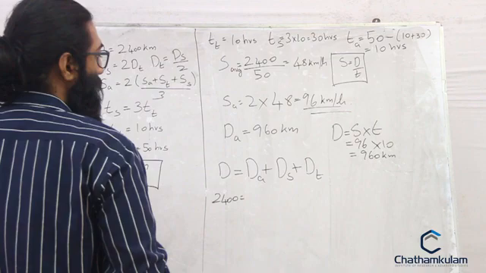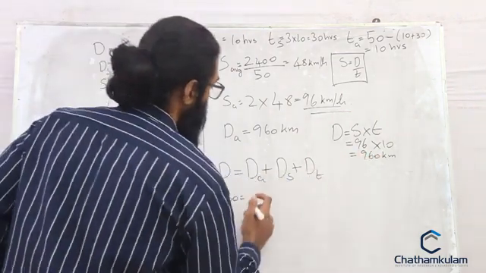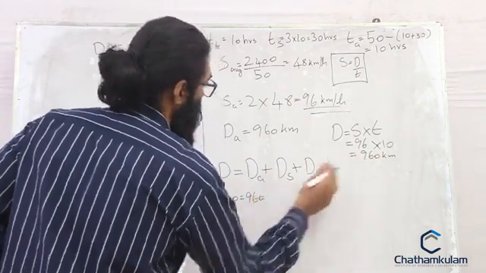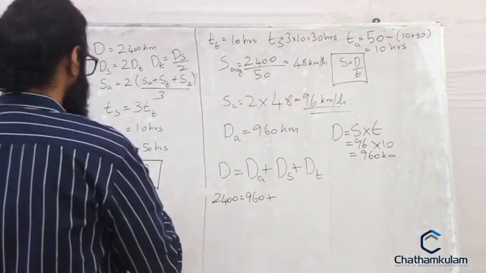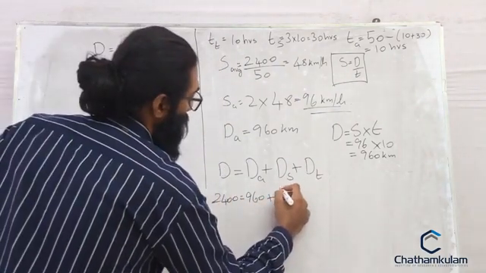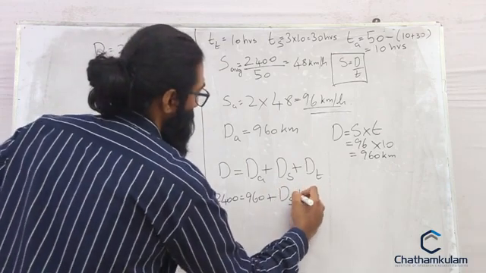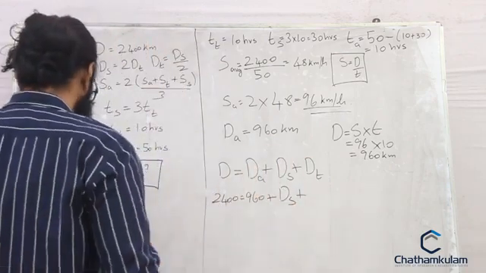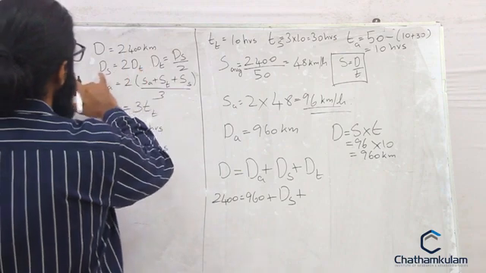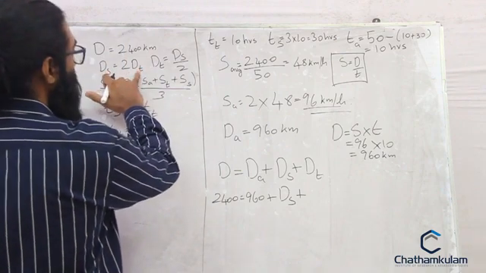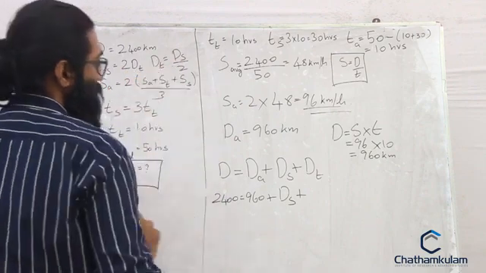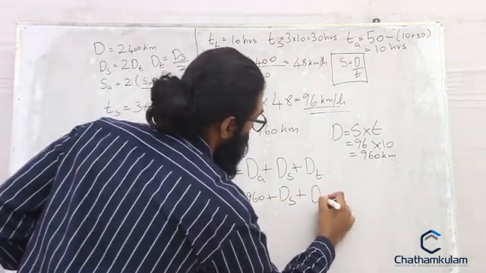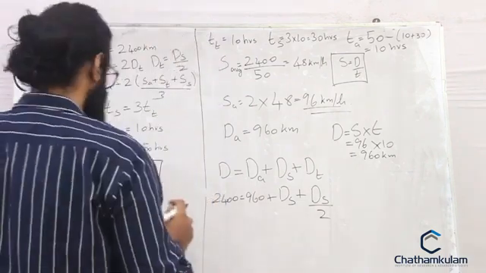Distance travelled in aircraft is 960 km that we got here, plus the distance travelled in ship, which is what we want, so we write it as ds, plus the distance travelled in train. We have ds equals 2 dt in the question, so we can write dt equals ds by 2.